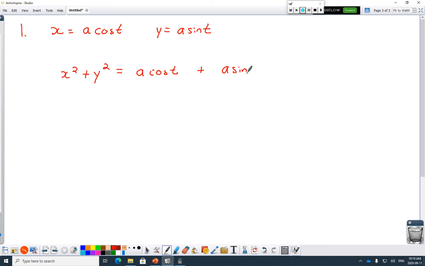And the y is a sine t. What did I forget? Squared. So really, the x, which is a cos t, is squared. The y, which is a sine t, is squared. So everything's squared. I distribute those squares in there: a squared cos squared t plus a squared sine squared t.